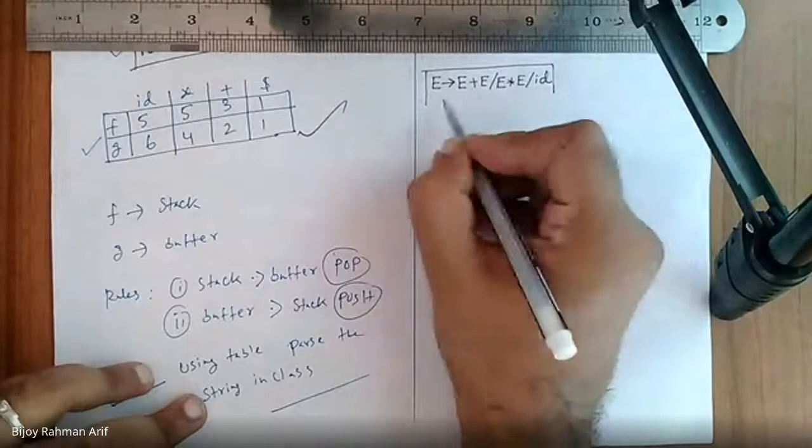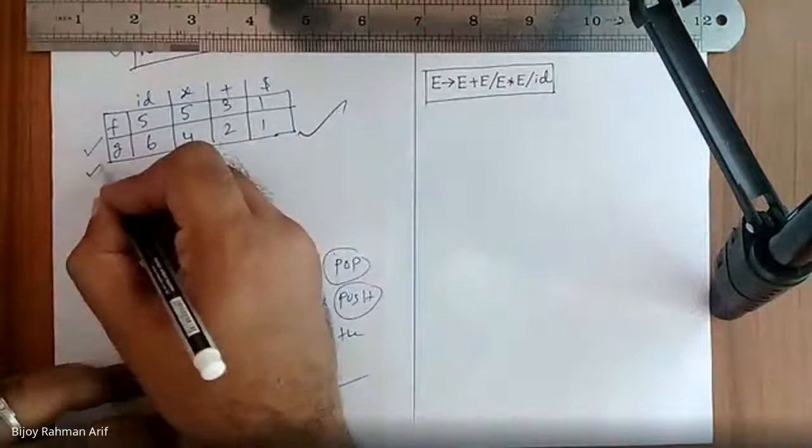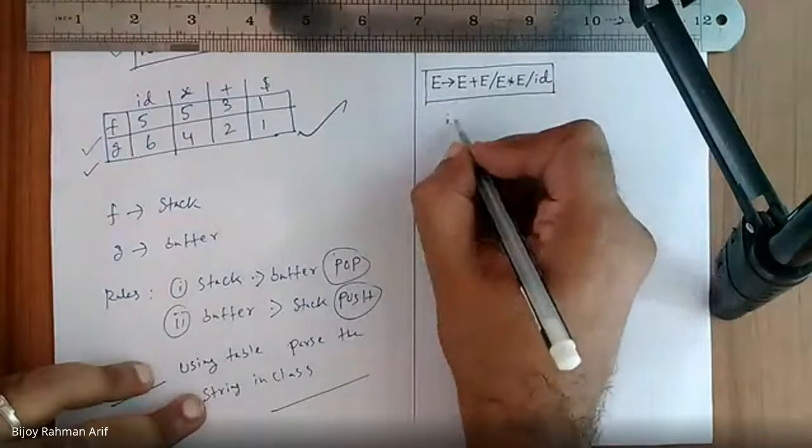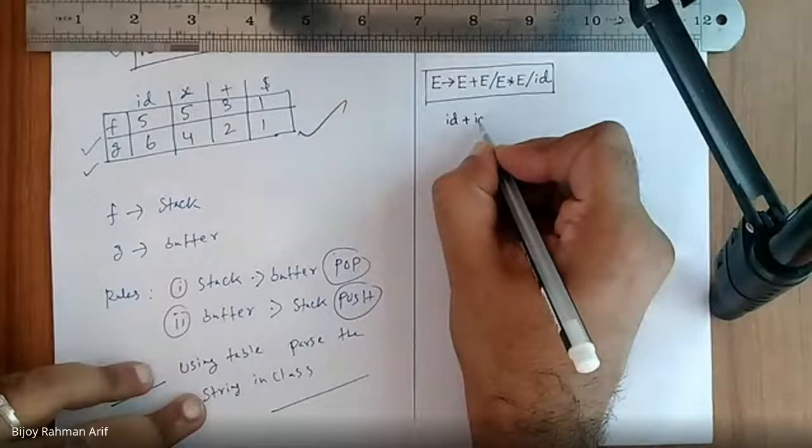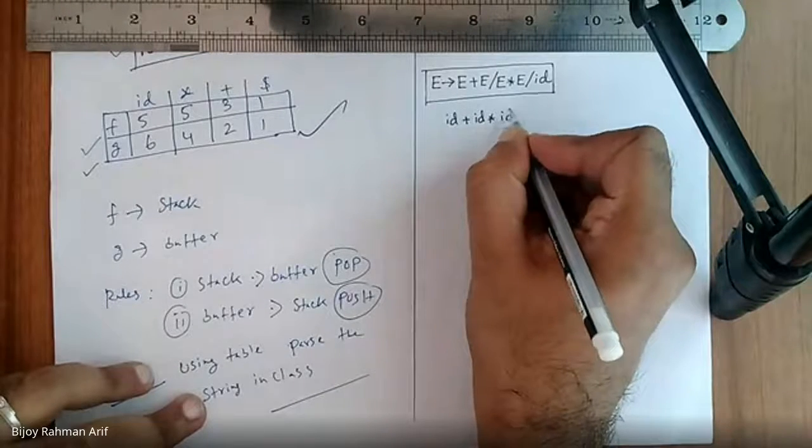I'm going to break this ambiguity using this table. And what is my string? I want to parse ID plus ID star ID.